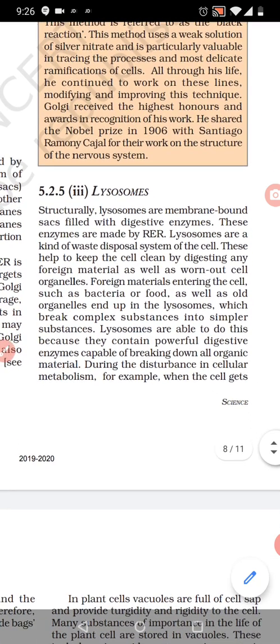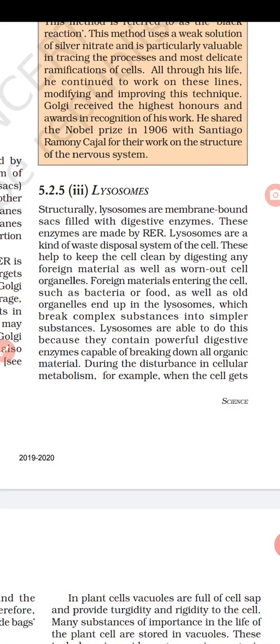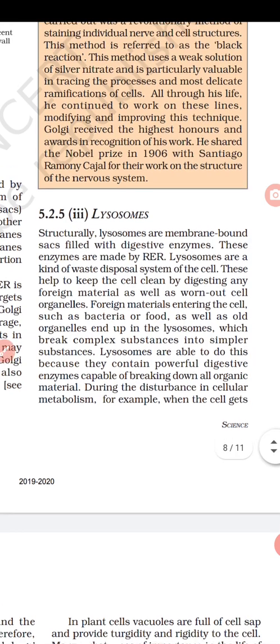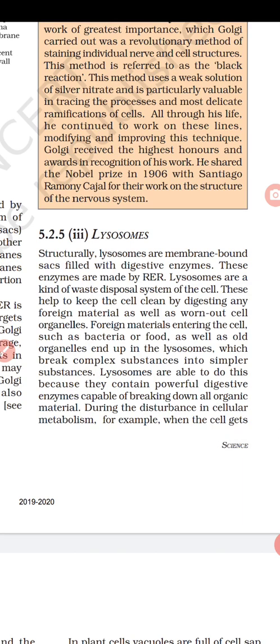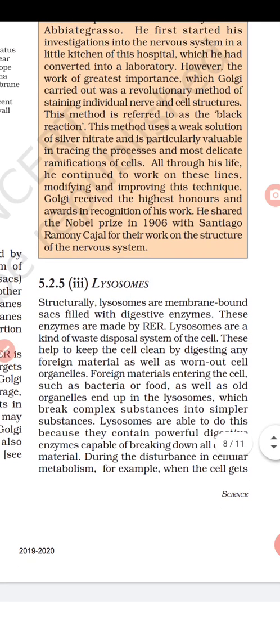Children, lysosomes is a kind of waste disposal system of a cell. Now why is it called a waste disposal system of the cell? For example, any bacteria, any foreign particle, any food particle or any virus, which is not a part of the cell, suppose it entered into the cell.